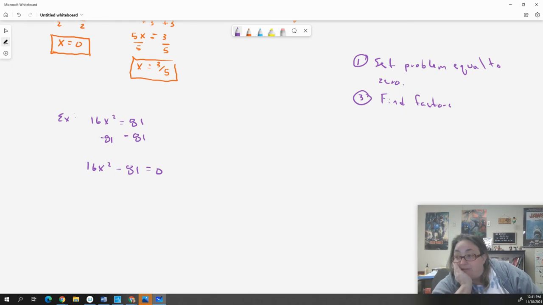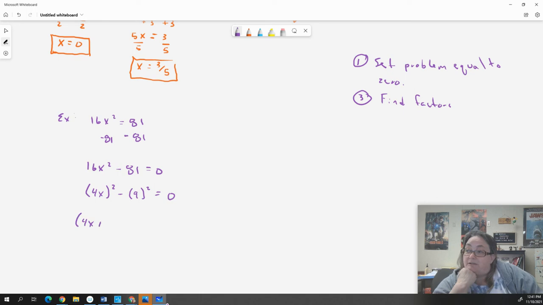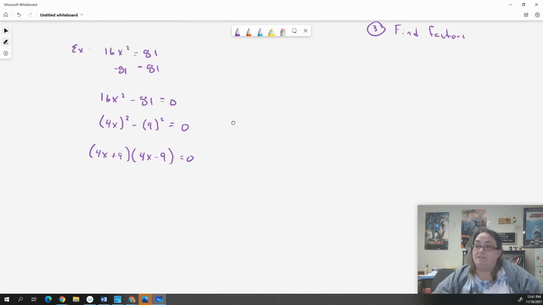And if I look at this problem, this is just 4x squared minus 9 squared, right, equals 0. Correct? Which means that I could write the factors of this as 4x plus 9 times 4x minus 9 equals 0. Are you following? Does that make sense to you?